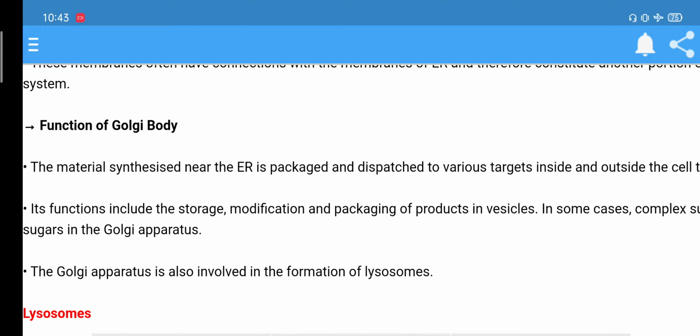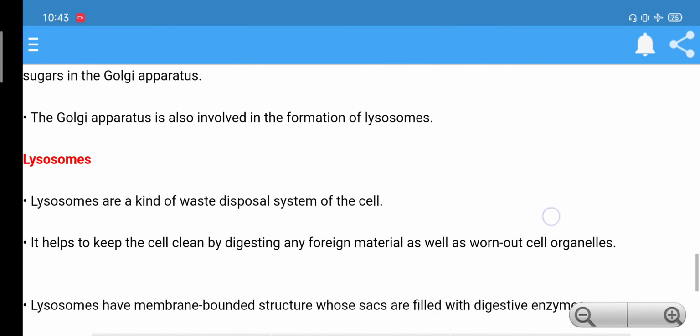The Golgi apparatus also forms the lysosomes. So who forms the lysosomes? The Golgi apparatus. These are important questions which can be asked in your exams. Next is lysosomes.